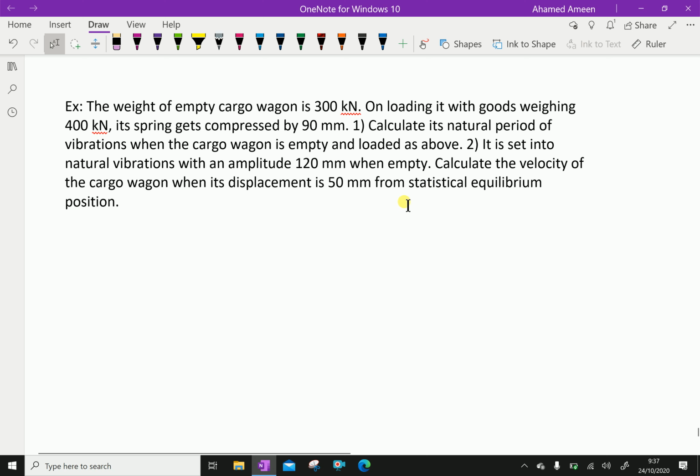Then second, it is set into natural vibration with an amplitude of 120 mm when empty. Calculate the velocity of the cargo wagon when its displacement is 50 mm from the static equilibrium position.